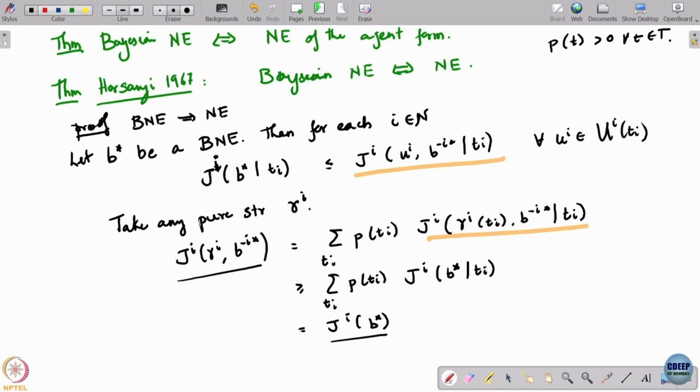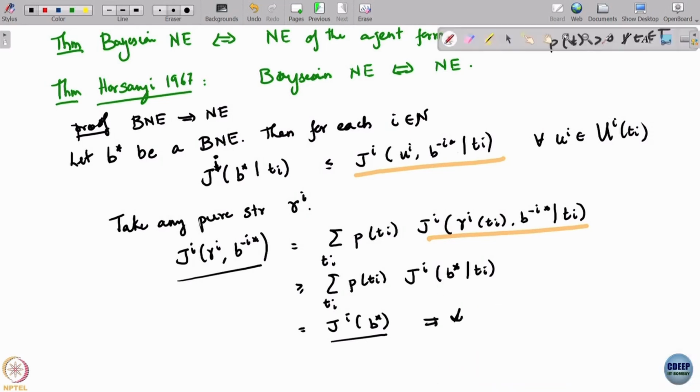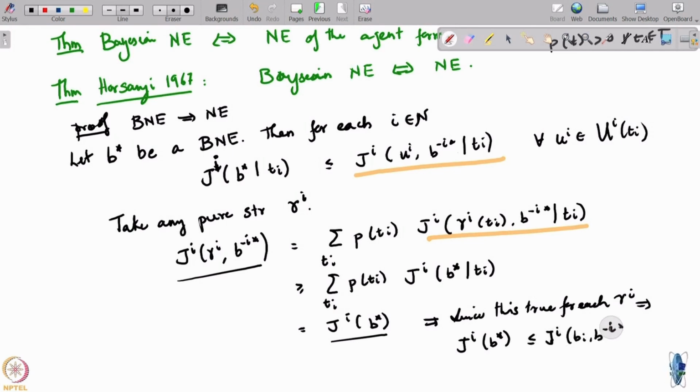Now, this is true for each gamma i, that implies that Ji of B star is less than or equal to Ji of Bi comma B minus i star for all Bi, which means that B star is a Nash equilibrium.